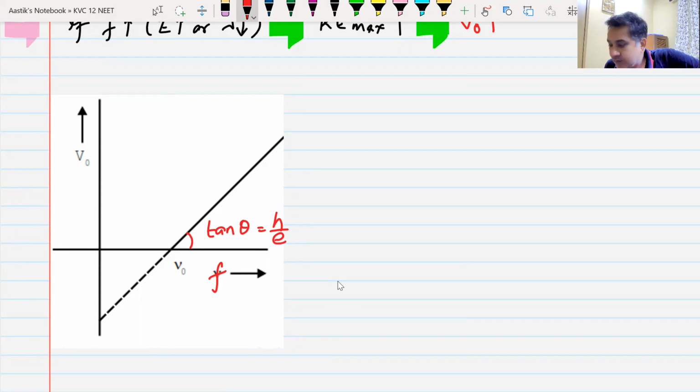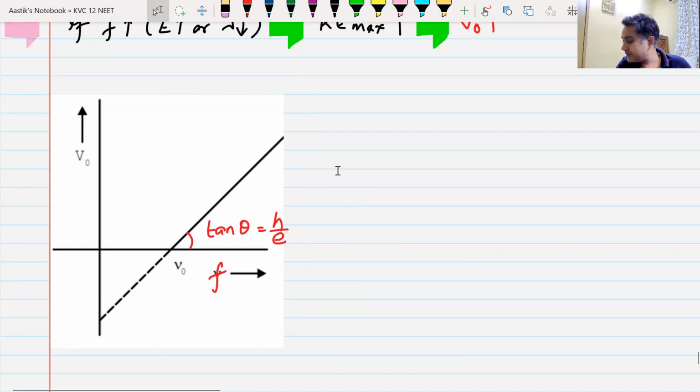I hope you see this, yes or no? Okay. Now there could be one more graph that is drawn, and I take that graph from here only because I see this is a nice looking graph.